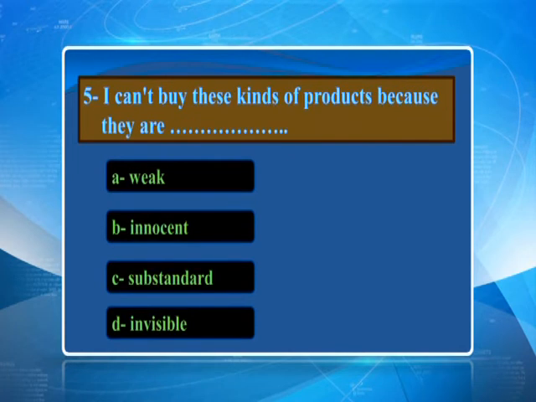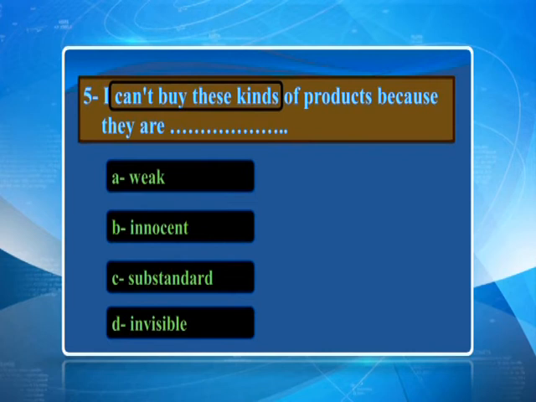Okay. I can't buy these kinds of products because they are... Now try to guess. What are the words that can guide you to the answer? Well, here we have the words "can't buy these kinds." Now try to think. If you can't buy some products, why do you think you can't buy these products?